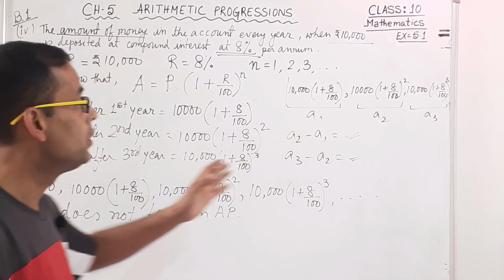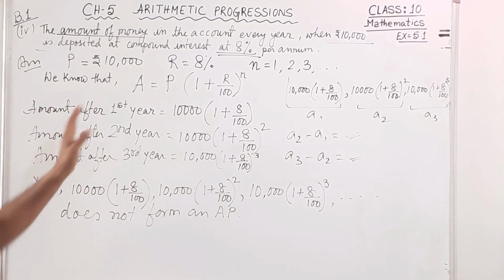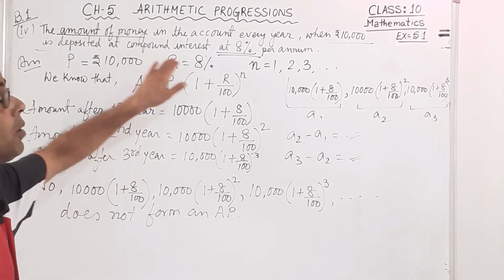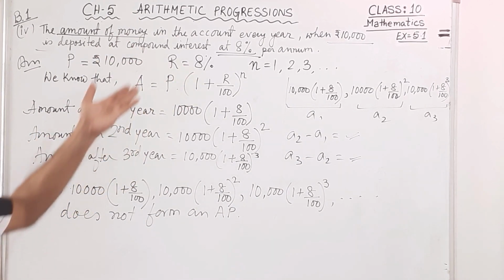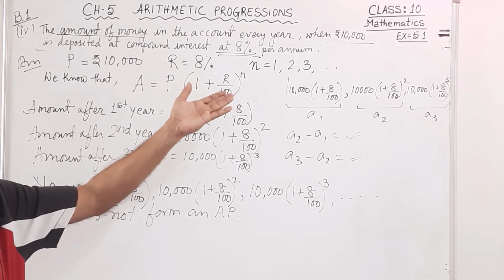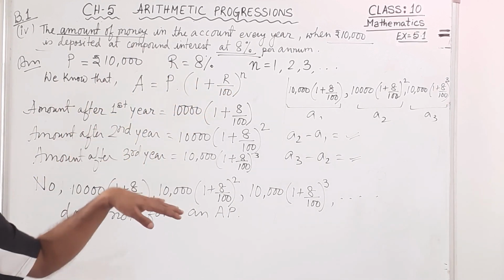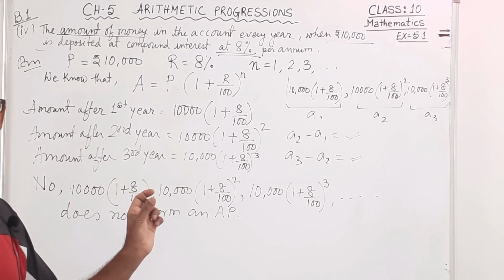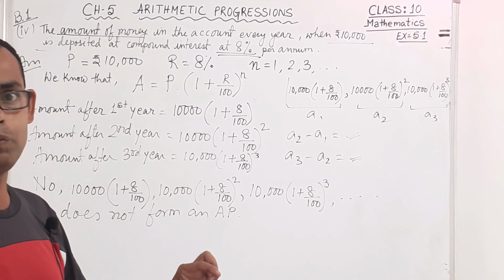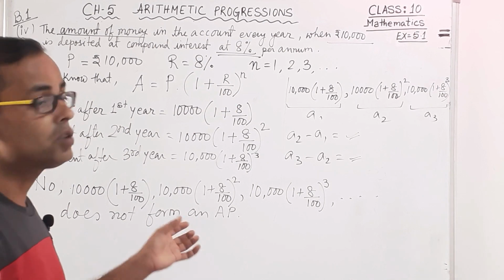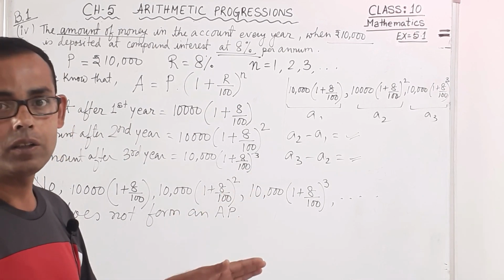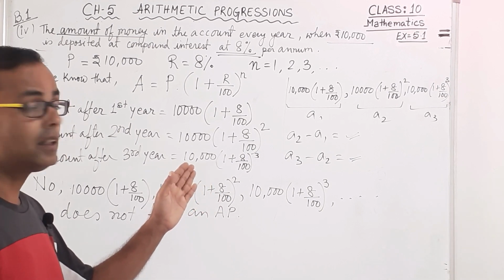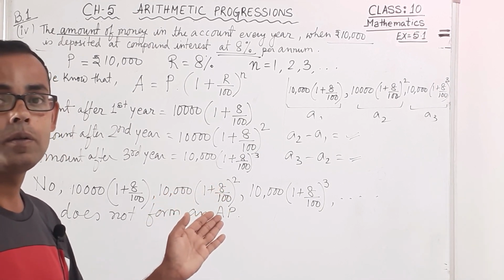I told you, if it was simple interest, then another thing. It is compound interest. You deposited 10,000 rupees, so after 1 year, it will increase. On that increased amount, again 8% will be charged, so again the compound interest will increase. So every year the compound interest is more.